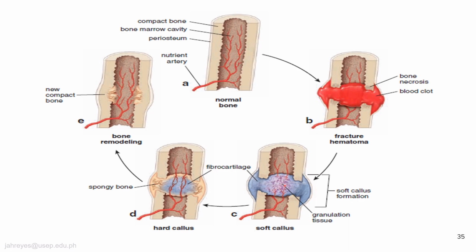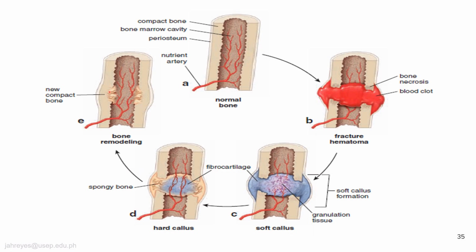and that will be deposited in the area where there is injury or bone necrosis. And then that soft callus will be formed as a hard callus, and the osteoprogenitor cells from the periosteum will differentiate into osteoblasts and will begin to deposit new bone here on the outer surface of the callus here. And then they will calcify further and this fibrocartilage will be replaced by bone tissue through endochondral ossification.